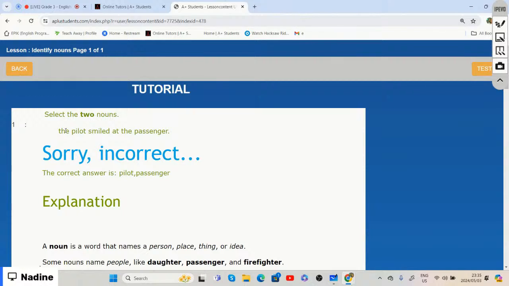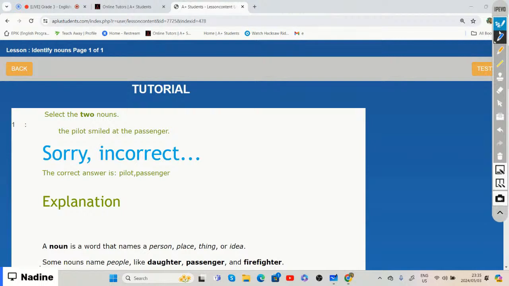And if we were to identify the two words, right, we would say it is pilot. Pilot is number one, and passenger are the two selected nouns within that sentence.